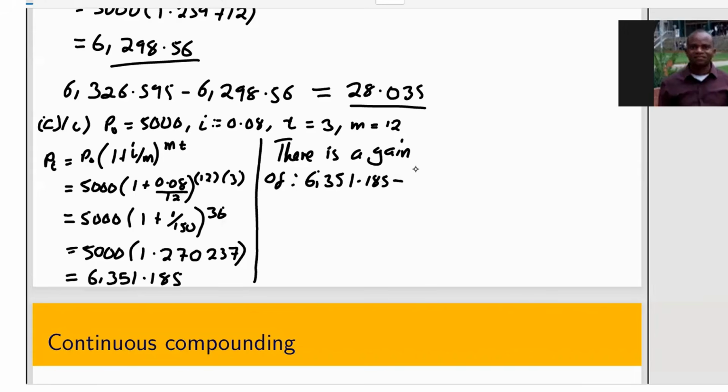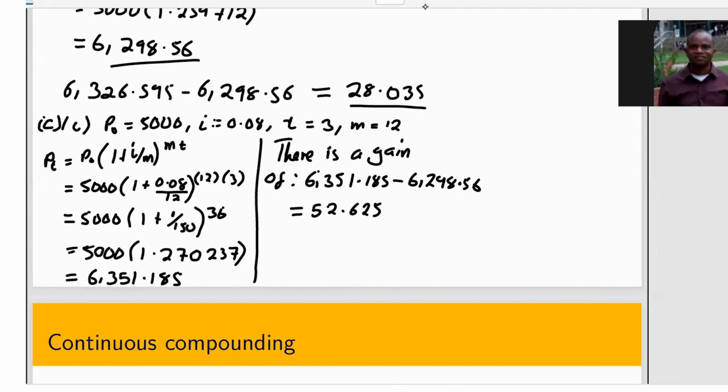6,351.185 minus 6,298.56. So let me compute. If I have 6,351.185 minus 6,298.56, we see that this gives us 52.625.